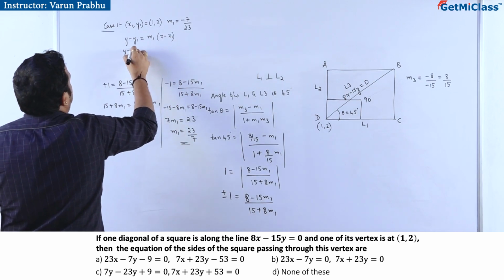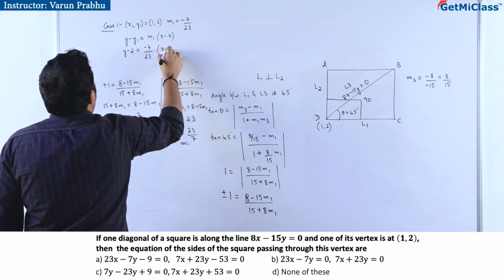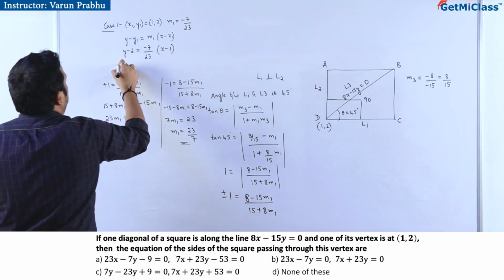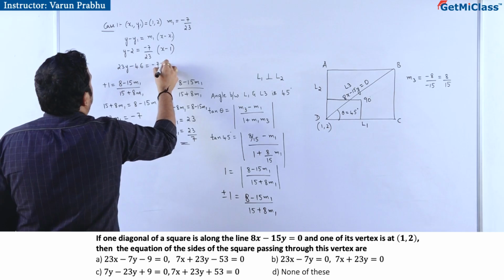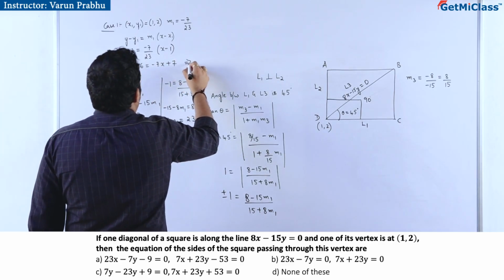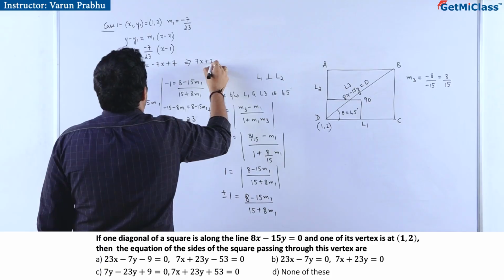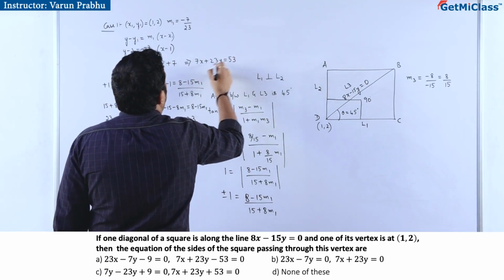So y minus 2 equals minus 7 by 23 times (x minus 1). So 23y minus 46 equals minus 7x plus 7, correct or not? So what is the answer that we get? This implies 7x plus 23y equals 46 plus 7, which is 53.